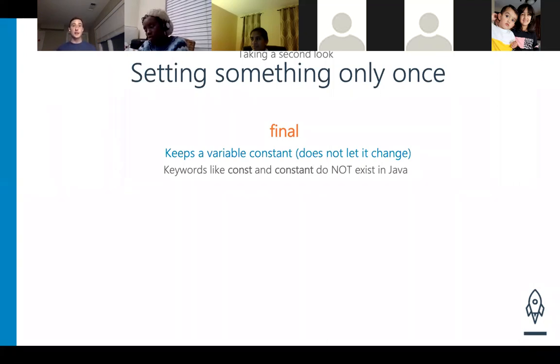That translation is final. I want to make sure that that is very much ingrained in our memories as we move forward. Const and constant do not exist in Java. Final does. Any questions about this? Okay, we will move on.